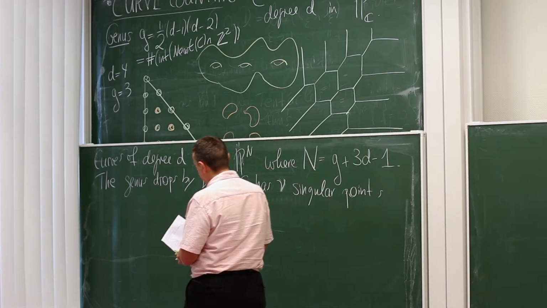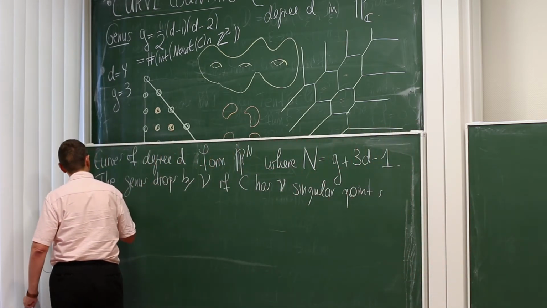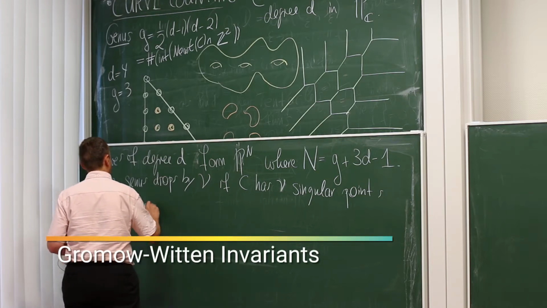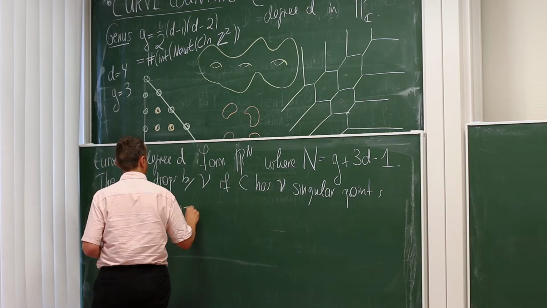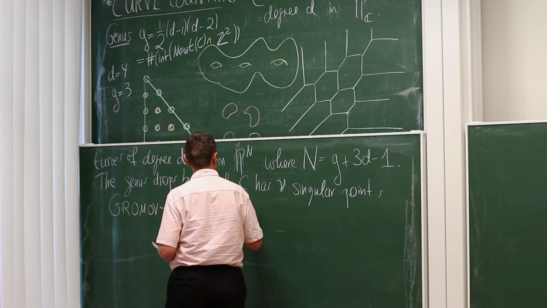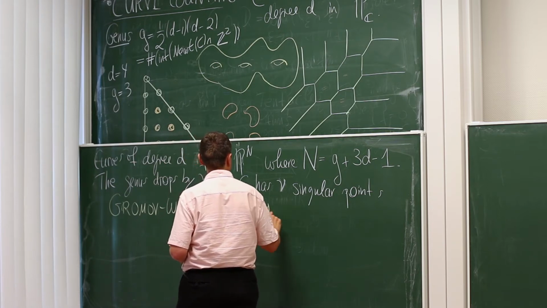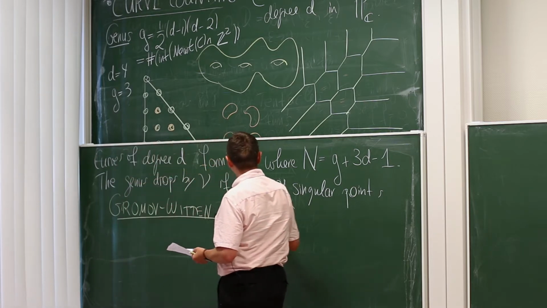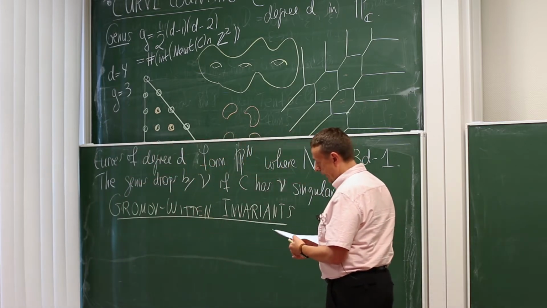So this curve counting refers to the determination of certain numbers that are called Gromov-Witten invariants. So these are the Gromov-Witten invariants of the projective plane.